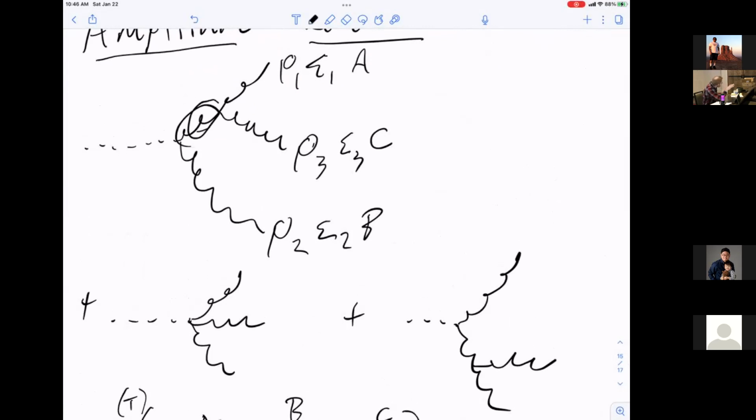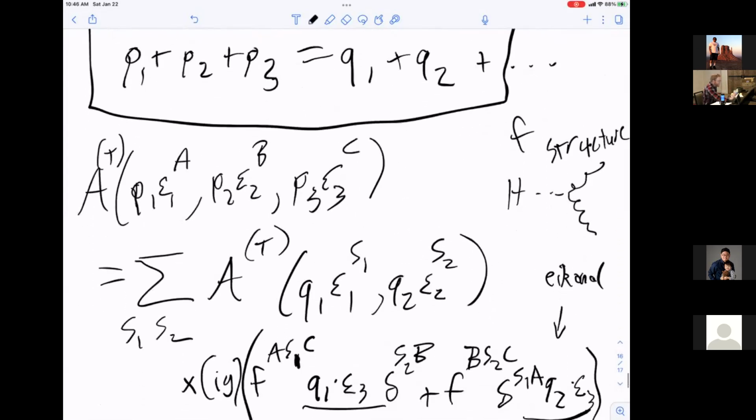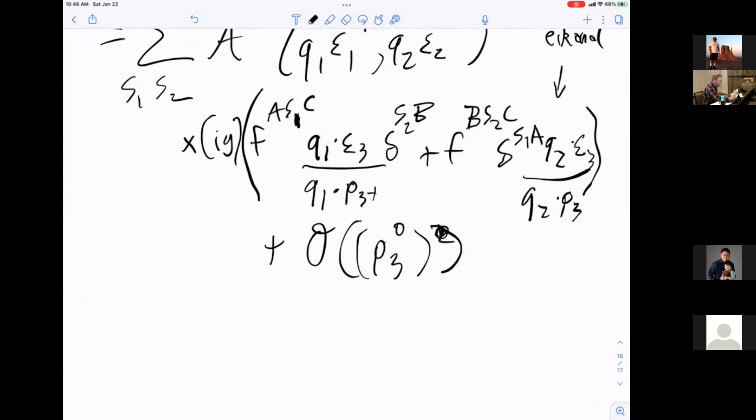Well, right now everything's at tree level, so I am just forgetting about my i epsilons. But no, there should be an i epsilon there. I completely agree with you. If I was starting to do loop integrals, then I better pay attention to that particular i epsilon. But right now, since I'm just doing real radiation, I'm not.